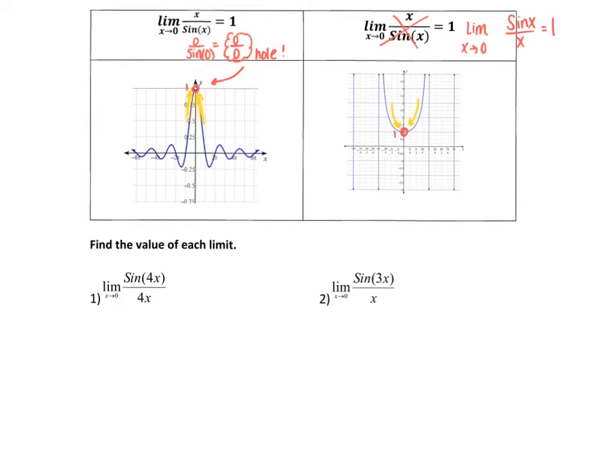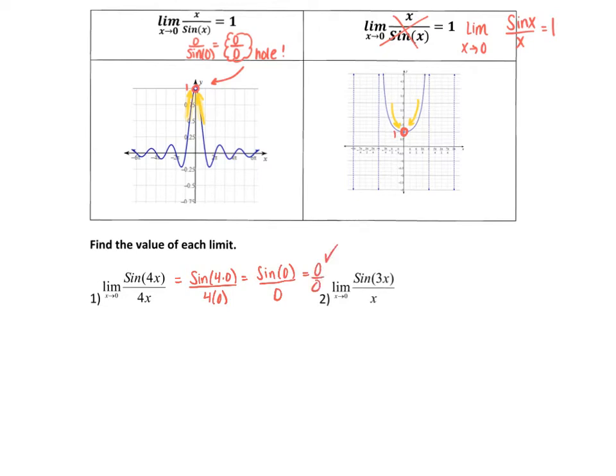All right. So looking at these examples, 1, 2, 3, and 4, we're going to use these two rules to evaluate the limits. In example 1, x approaches a number, so we're still always going to do direct substitution. The top is sine of 4 times 0 over 4 times 0. Technically 4 times 0 is 0, so it's sine of 0 over 0, which is 0 over 0.